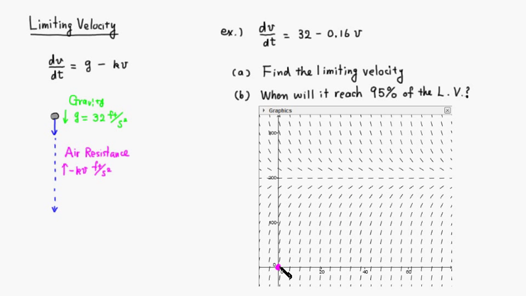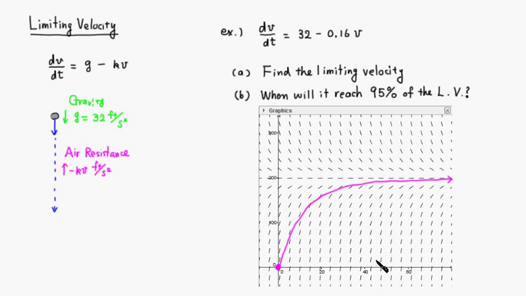The solution curve has to follow that slope field, so it should look somewhat like that. We want to see what happens to the velocity as time goes by, so we try to find a limiting velocity.